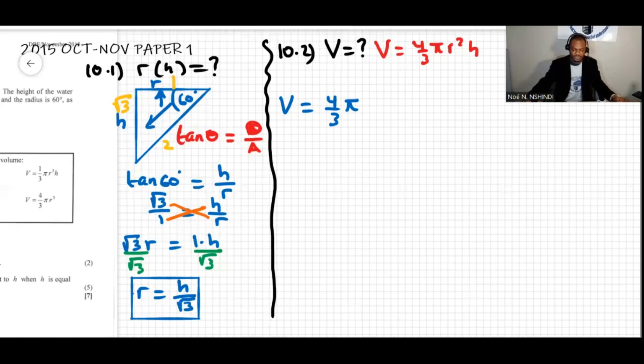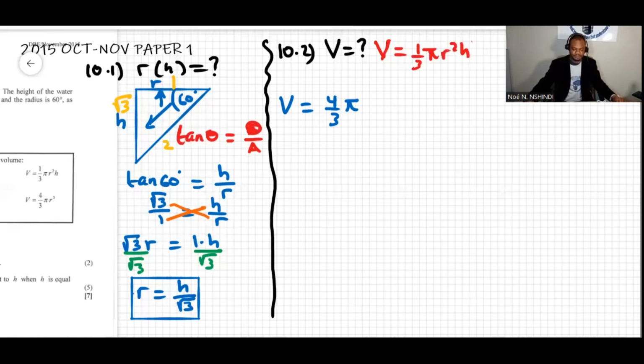I wrote the wrong formula. The volume of the cone is 1/3. It's actually 1/3 pi r squared h. Yes, that's the correct one.